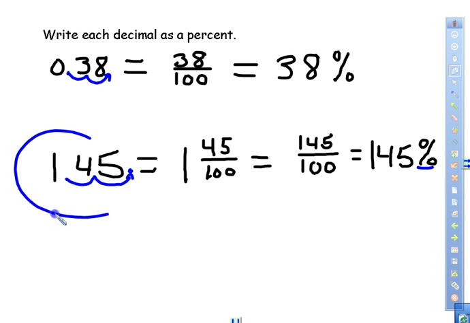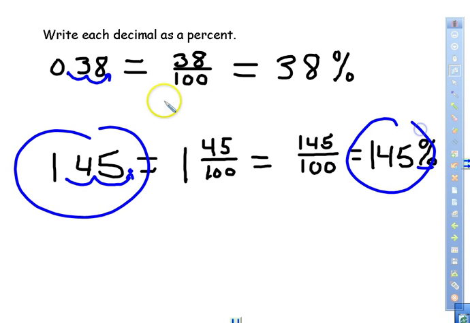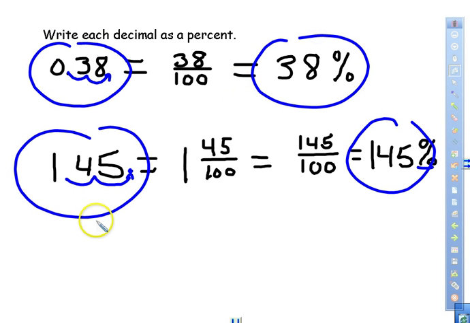Now you can see this number and this number are the same, just as this number and this number are the same. When I say the same, they're not really the same, but the digits themselves, I should say, are the same. 38, 38. 145, 145.